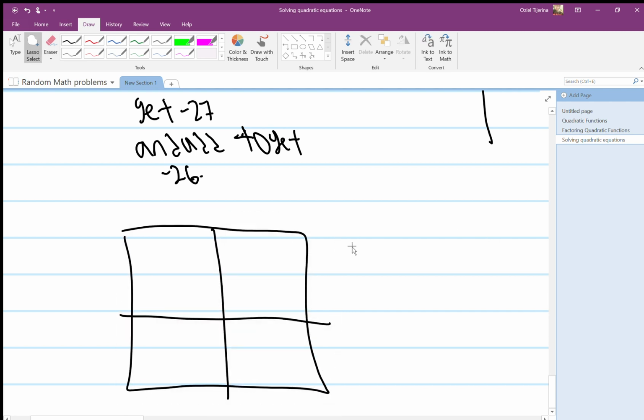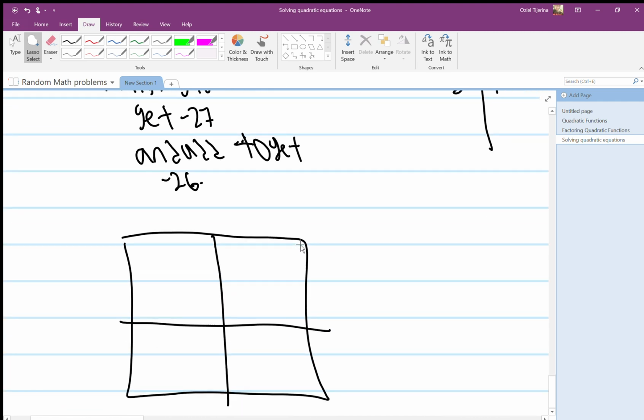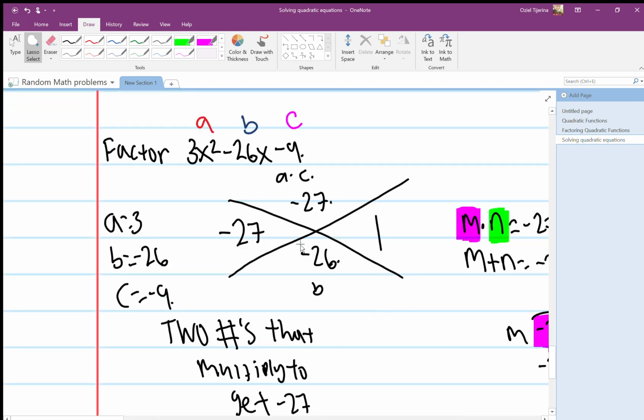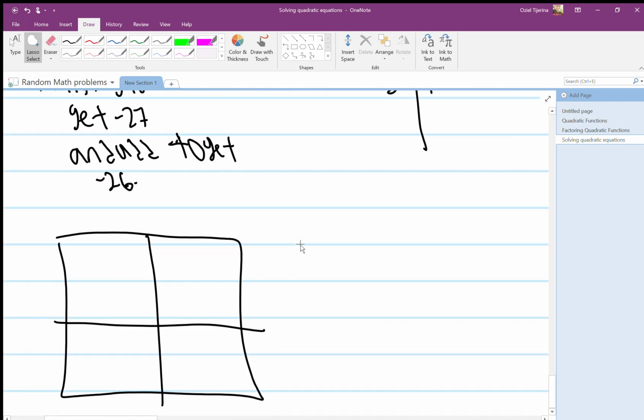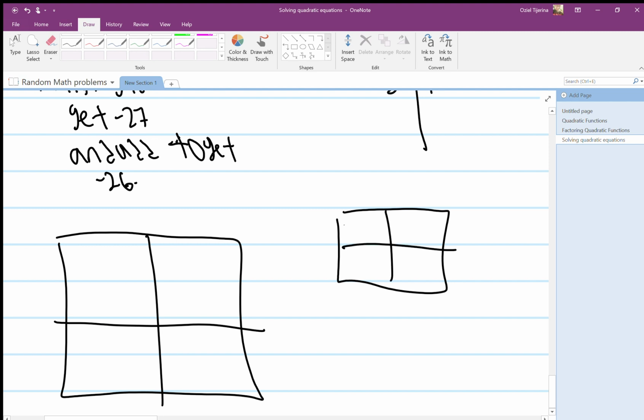Okay. So, remember that in our box, how it normally is drawn, you would have your box, and then here would be your ax squared. Here would be your mx, your nx, and then your c term. Okay.